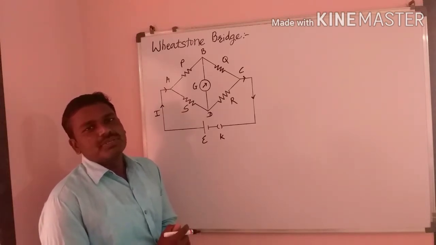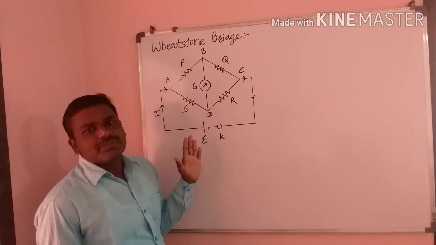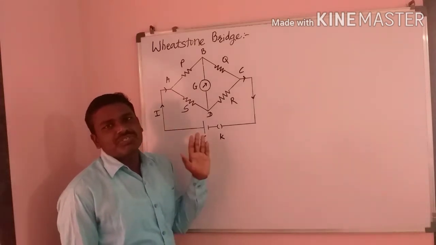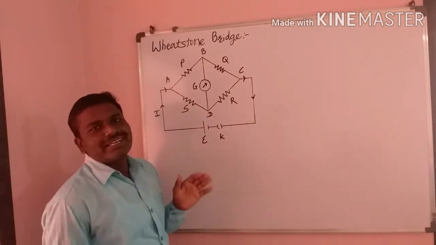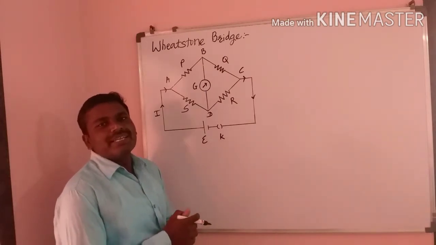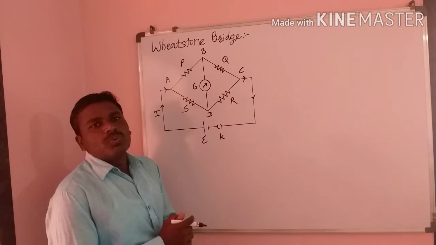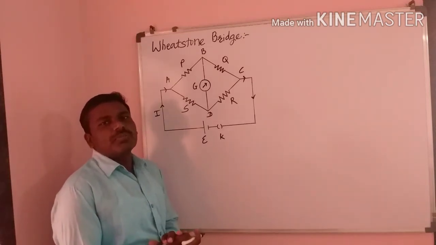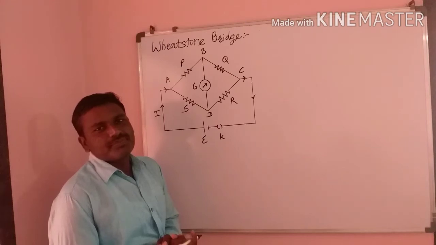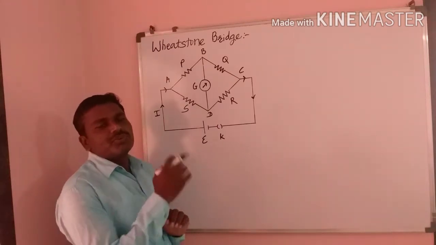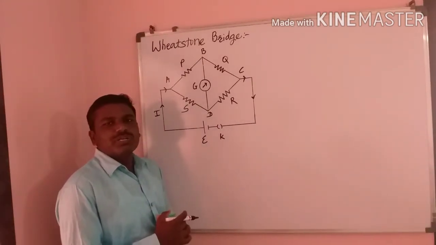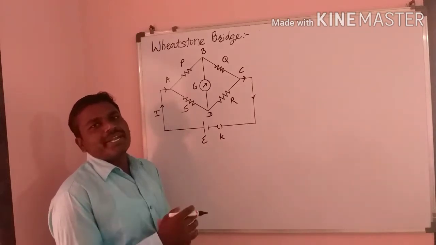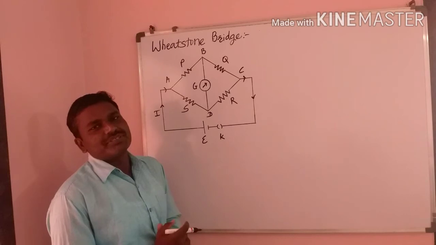This Wheatstone bridge was first developed by Charles Wheatstone in 1802 to 1875, who measured the unknown resistance of materials. It is also used for calibrating measuring instruments like the voltmeter and ammeter.